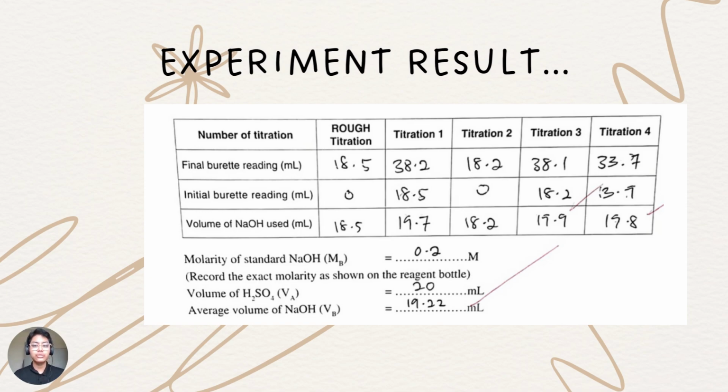On titration 3 and titration 4, my volume of NaOH used for titration 3 is 19.9 ml and titration 4 is 19.8 ml.